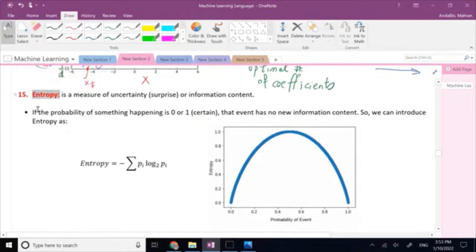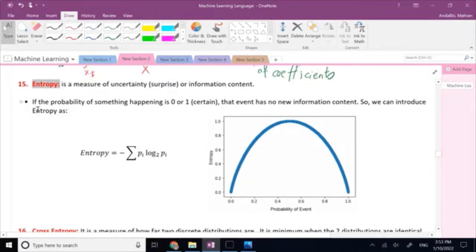This is a little bit different, although related to that idea, but the mathematical description and everything is quite different. So how would you mathematically formulate this entropy? You say if the probability of the event, or the probabilities related to the event, is what?